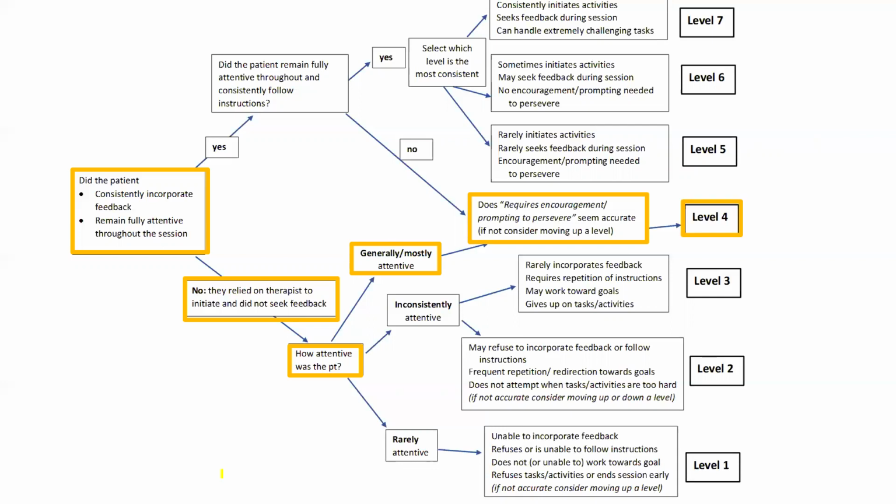Yes, it does. I did want to point out where this could be if you were unsure of how the scores broke up. The one thing you have to be careful about using the decision tree is you could have a patient that does consistently incorporate feedback, but does not remain fully attentive throughout the session. So this would be harder because since this lumps those two together, you either have to say yes or no, and that can immediately disqualify a person from being a level 5 or immediately disqualify them from being a level 3.